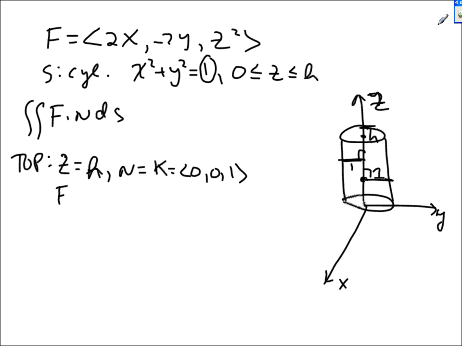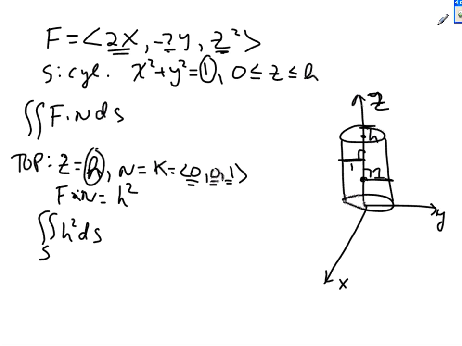So f dot n is this times 0 plus this times 0 plus 1 times z squared, which is z squared. So z is h, so z squared is h squared. So it's a double integral over s of h squared ds.